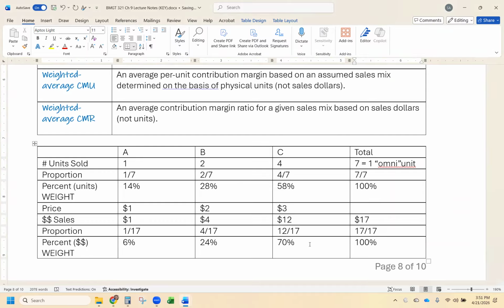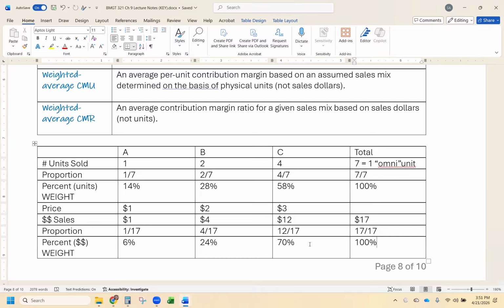So if we're just counting number of units, those are our weights in the number of units. But when we look at dollar value for sales, these are our weights. A weighs even less, and B weighs less, and then C weighs a lot more because we're charging $3 for each unit.